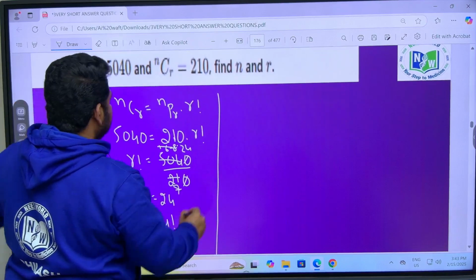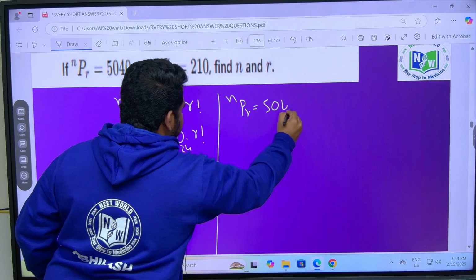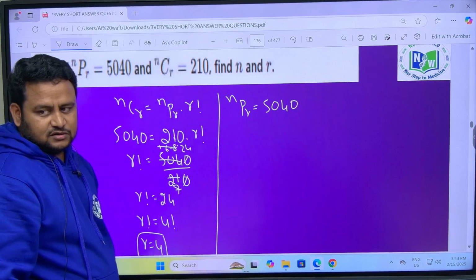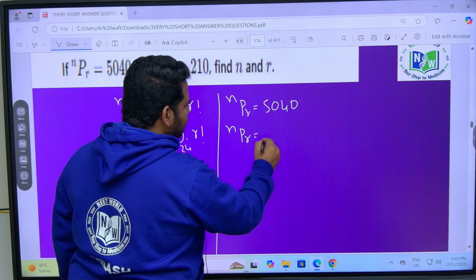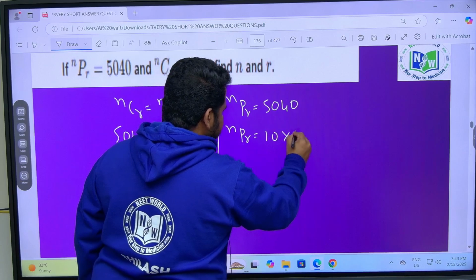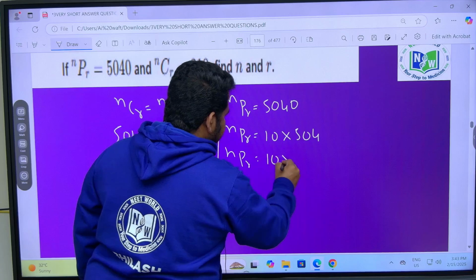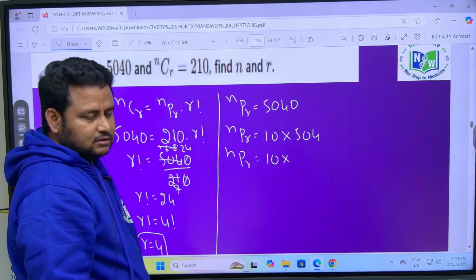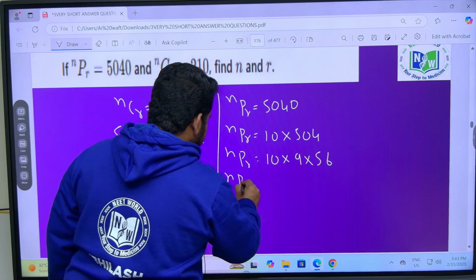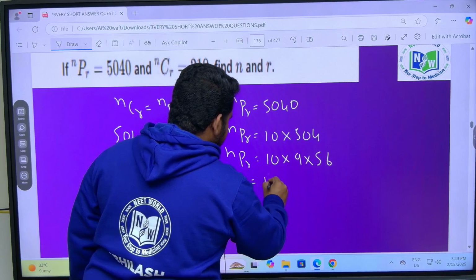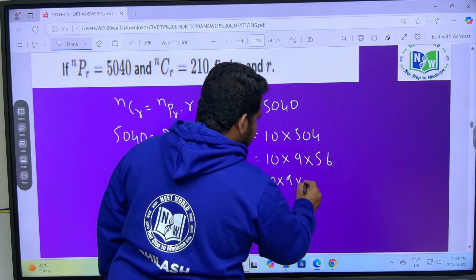We got nPr is equal to 5040. So 5040, what can I write? 5040 can be written as 10 into 504. 504 can be written as 9 into 56. 56 can be written as 8 into 7.